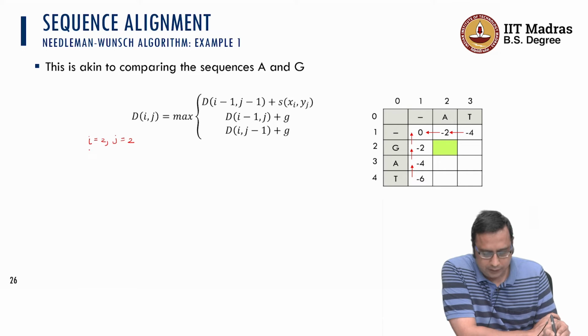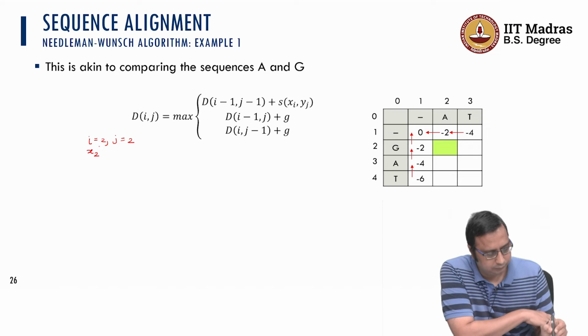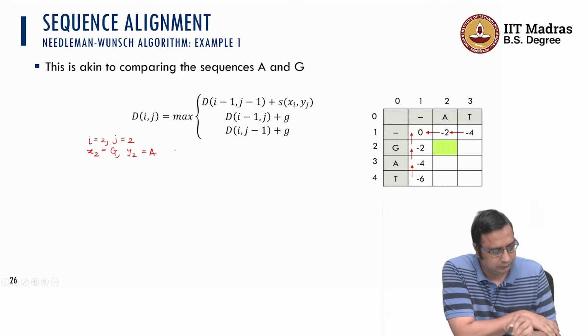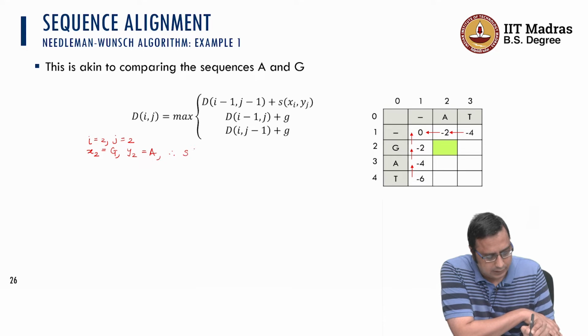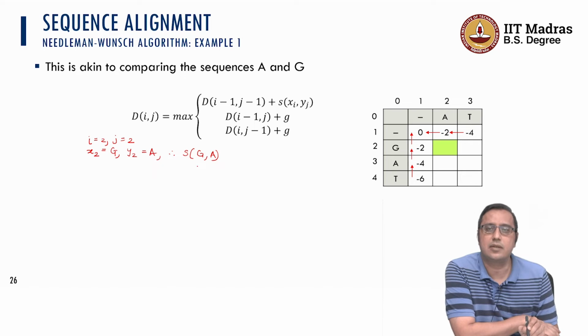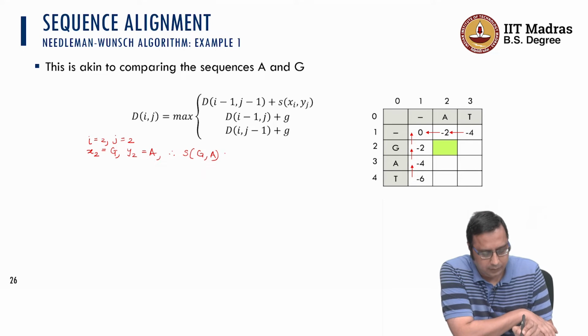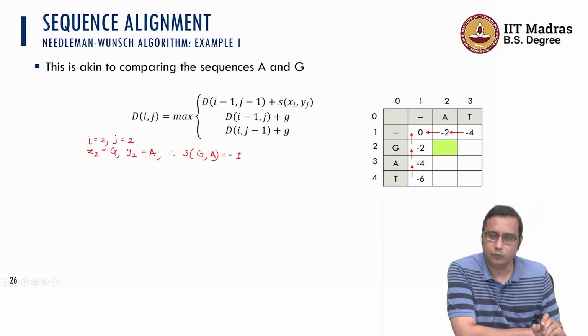Now, if you look carefully, x2 is equal to G, y2 is equal to A. Therefore, S of G and A, which is a mismatch, will be -1. Okay.